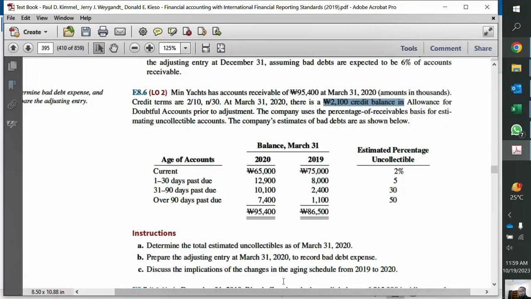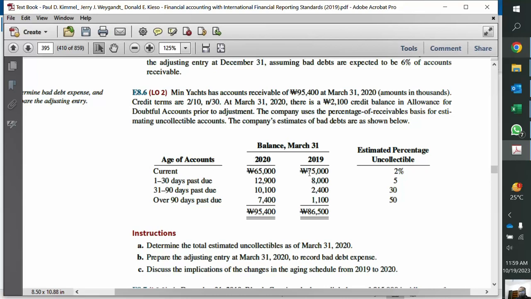Discuss the implication of the changes in the aging schedule from 2019 to 2021. This is only given to discuss the implications, right? For example, the current dues have reduced, the 1 to 30 days dues have increased, the 31 to 90 days dues have increased, and over 90 days dues have increased. So how do we evaluate the performance of our collection department?